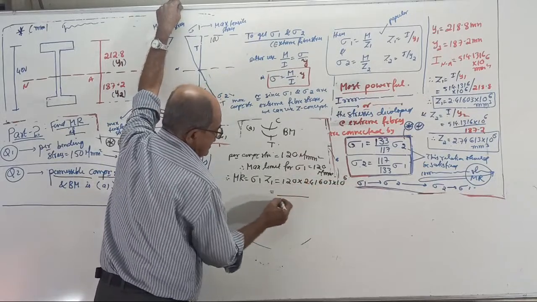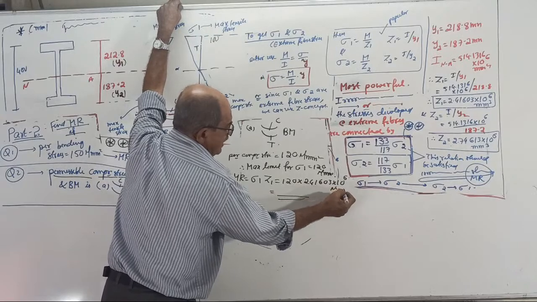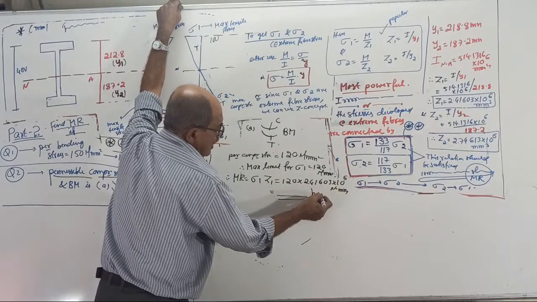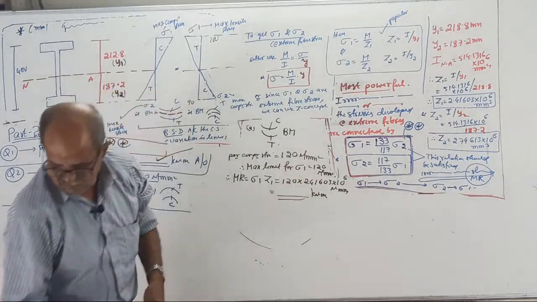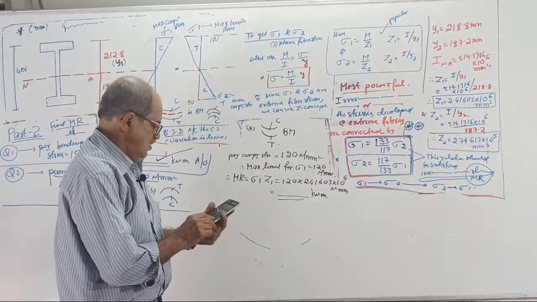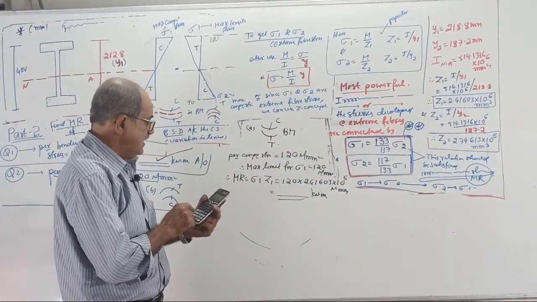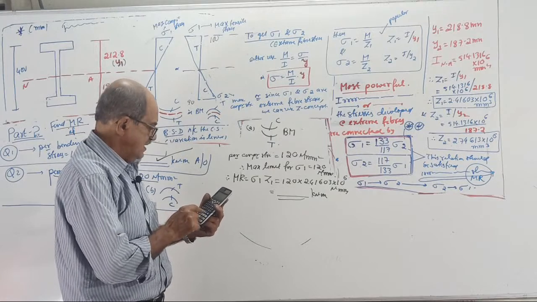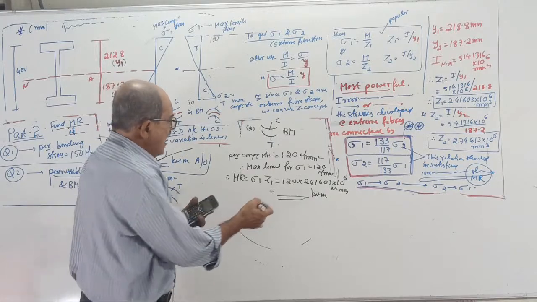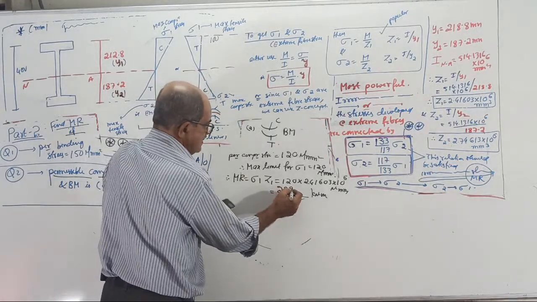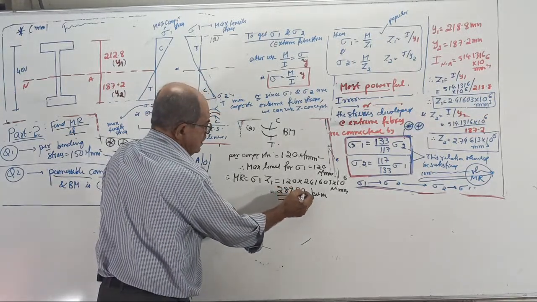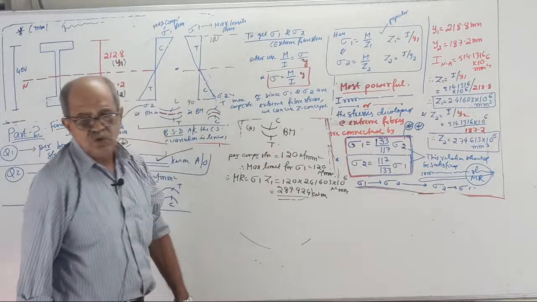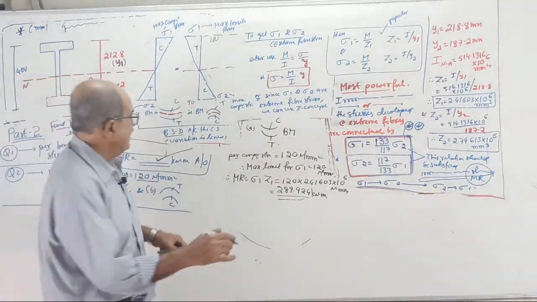It comes in Newton millimeter, or get me in kilonewton meter. 120 into 2.41603 is 289.924 kilonewton meter. Okay.